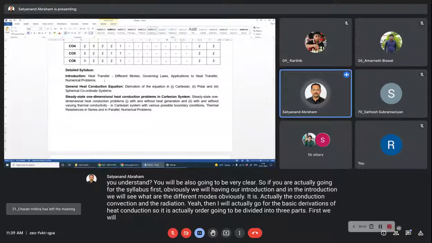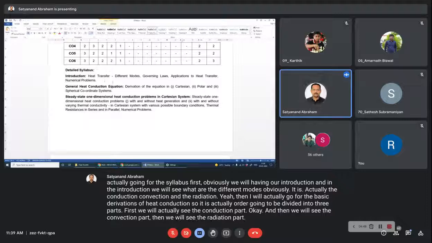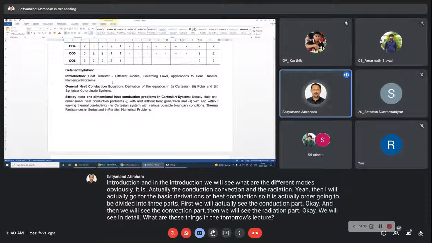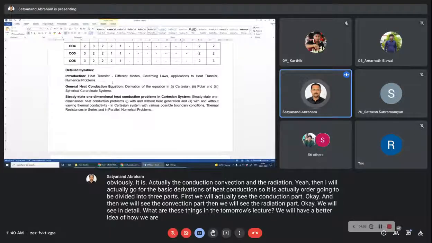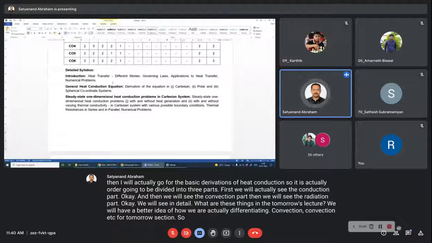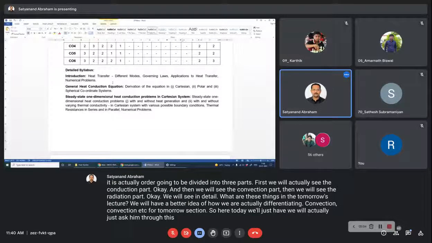First, we will see the conduction part, then the convection part, then the radiation part. We will see in detail what these things are in tomorrow's lecture. We will have a better idea of how we differentiate conduction, convection, etc. Today we will just skim through this syllabus.